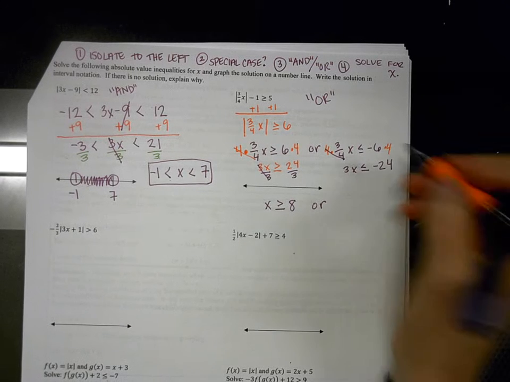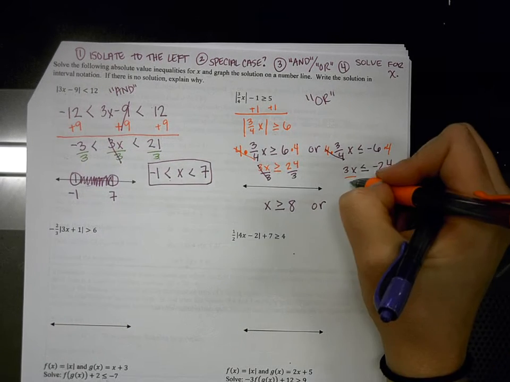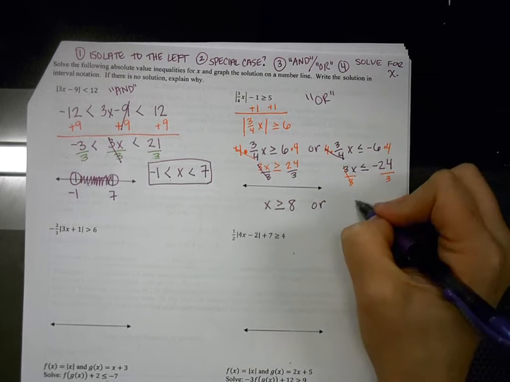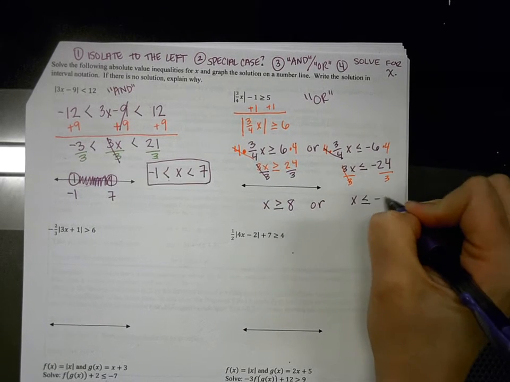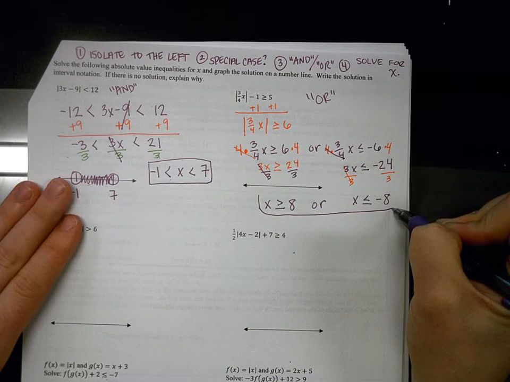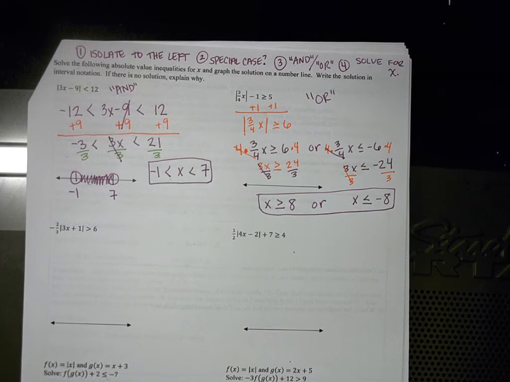And then, just like the first problem, I'm going to divide by 3. X is less than or equal to negative 8. So this is my inequality answer. X is greater than or equal to 8, or x is less than or equal to negative 8.